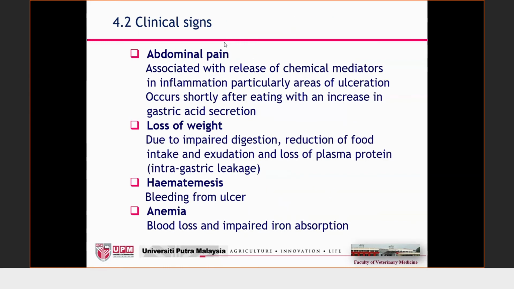The clinical signs associated with gastric pain are usually associated with the release of chemical mediators or inflammatory cells, or inflammation, particularly involved with ulceration. So pain is largely involved with ulceration and occurs shortly after eating or with an increase in the secretion of gastric acid.